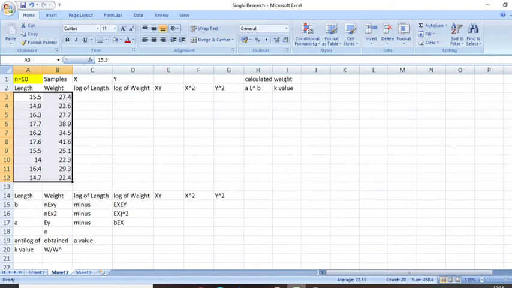So, the relationship between the length and weight in fishes has been given in the formula of W is equal to aL to the power of b.